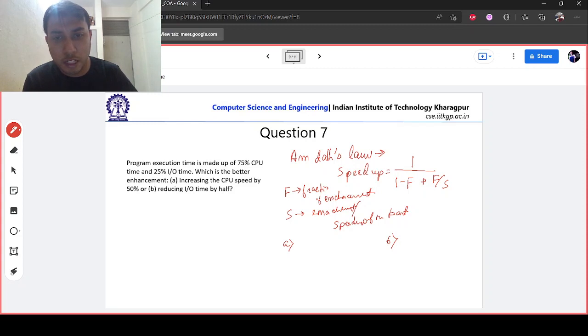What will be the speedup? It is 1 divided by the fraction that is not enhanced. So this is for the CPU, and this for the IO.